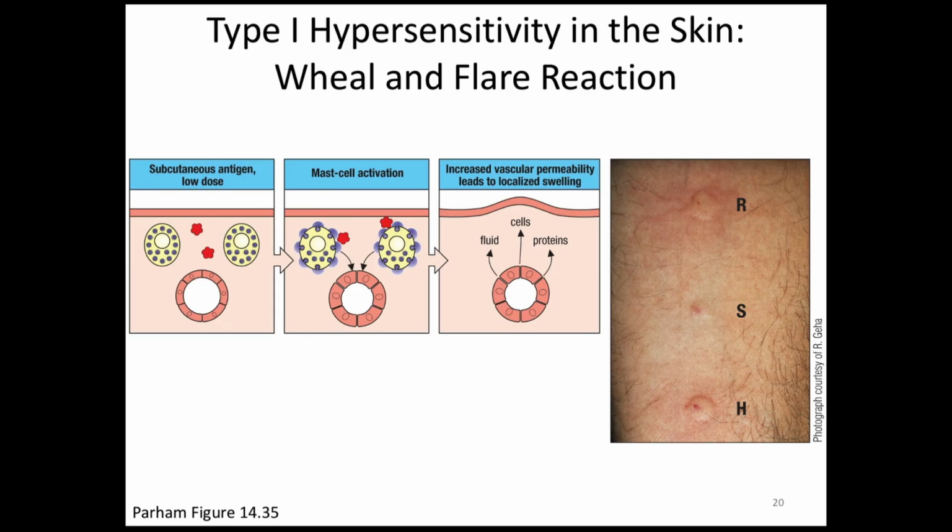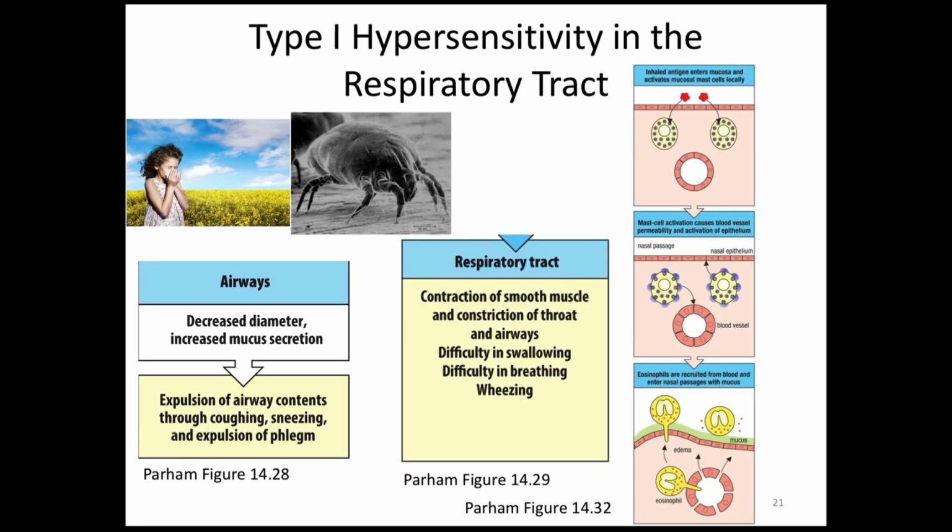If this exact same thing happens in the respiratory tract, here's the mast cell, it's acting on the blood vessel, and we're going to see that same kind of influx of cells.